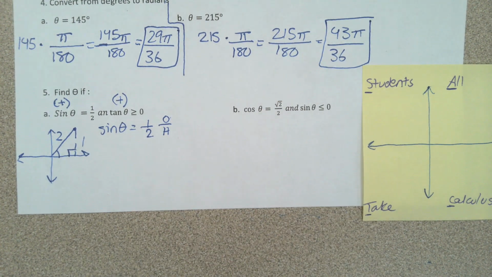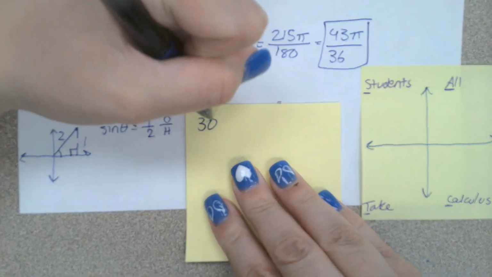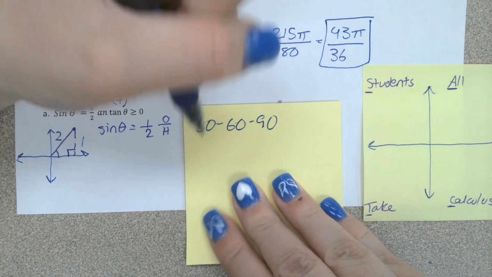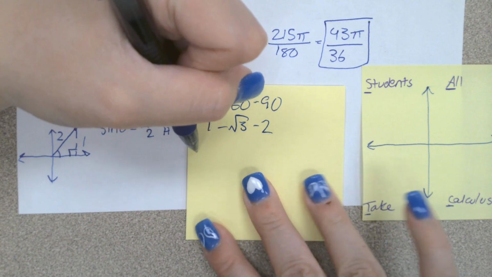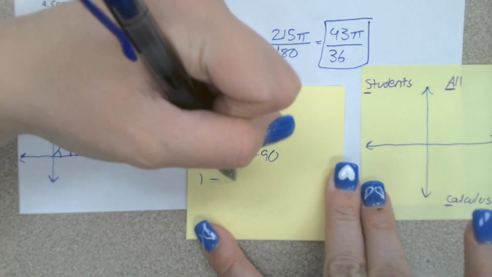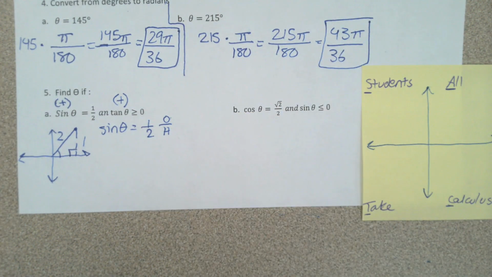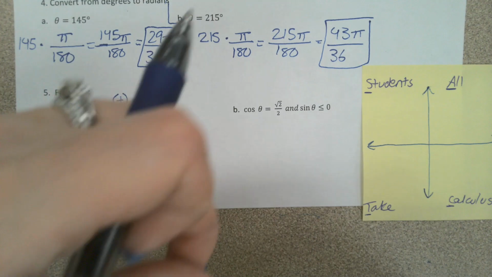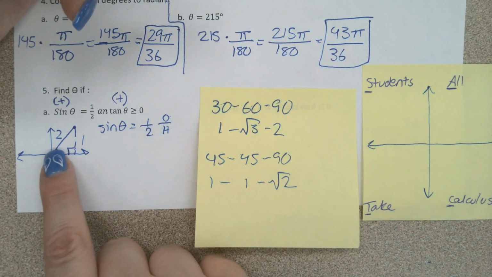If you remember your triangle ratios, which if you don't, you need to for the test, they are 30, 60, 90, which is 1, rad 3, 2, and 45, 45, 90, which is 1, 1, rad 2. So based on the information given in this triangle, we have a 1 and a 2.